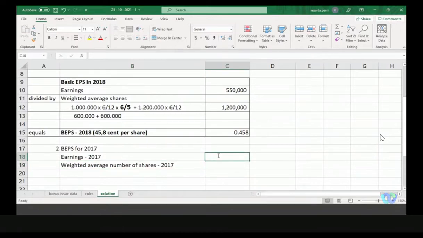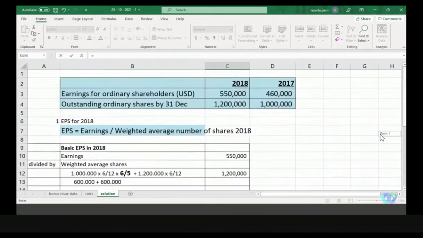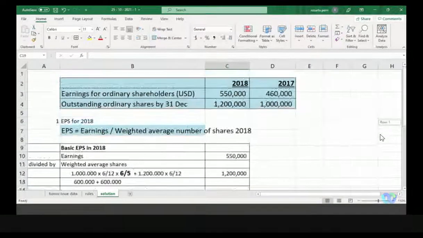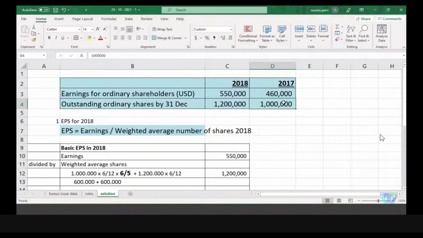What is the amount of earnings in the previous year? Refer to the existing information that we have. It's 460,000. What is the weighted average number of shares in 2017? You see that we are ending 2017 with 1 million shares over here.